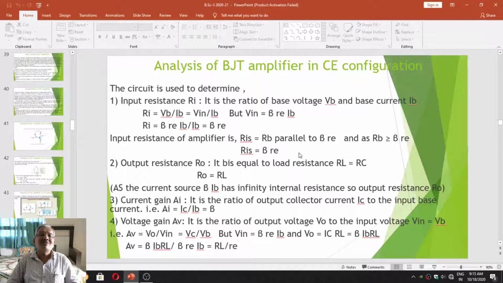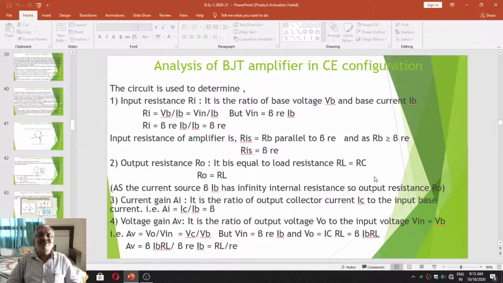That is the input resistance of the BJT as an amplifier in common emitter configuration. Friends, now we have to determine output resistance RO. By definition, it is equal to the load resistance RL or that is equal to RC.